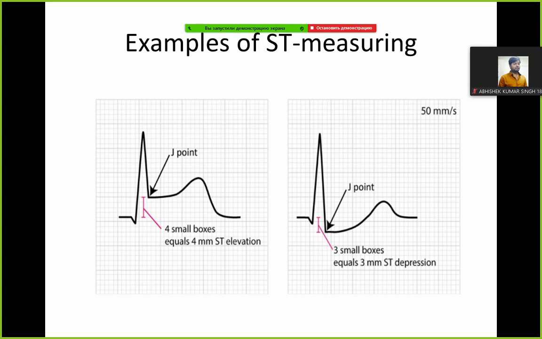It creates an electrical potential difference between ischemic and normal myocardium, and it results in the displacement of the ST segment. The ST segment may be displaced upwards, elevation, or downwards, depression. The term ST segment deviation refers to elevation and depression of the ST segment.